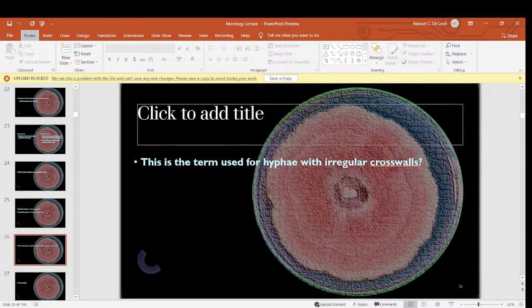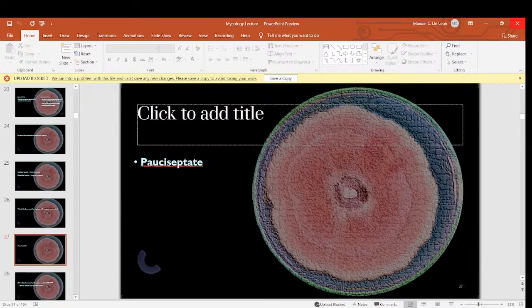Anybody can type it on the chat. And time's up. What's the term for irregularly shaped cross walls? This is known as pseudoseptate cross walls, or pseudoseptation.